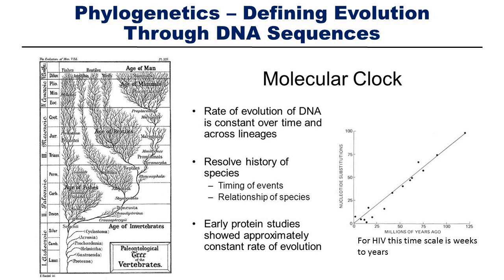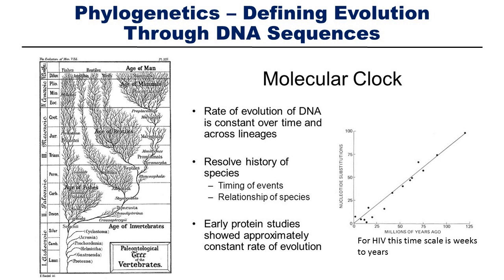What a molecular clock allows us to resolve is the history of species, the timing of events, the relationship of species. And this really got its start from the analysis of proteins, the actual molecules that do the business in cells, as opposed to the genes that encode them.